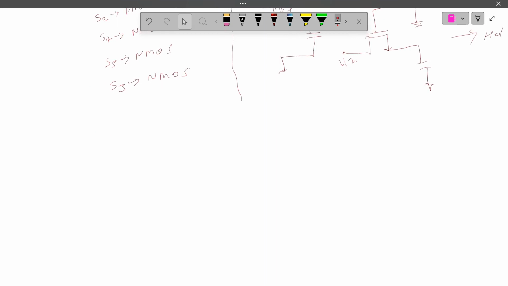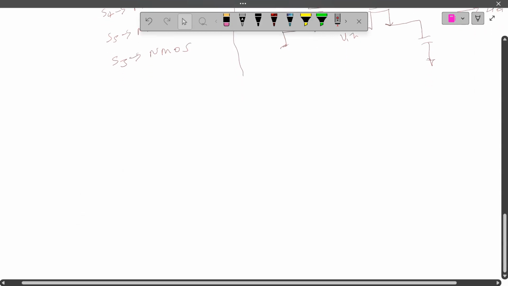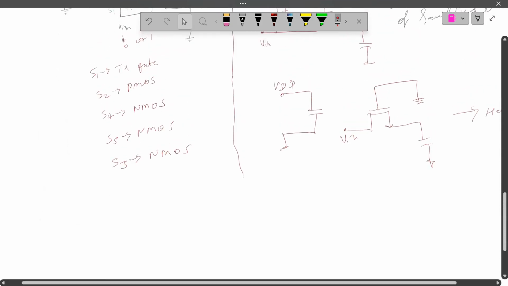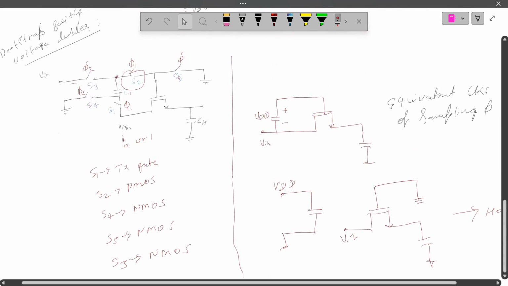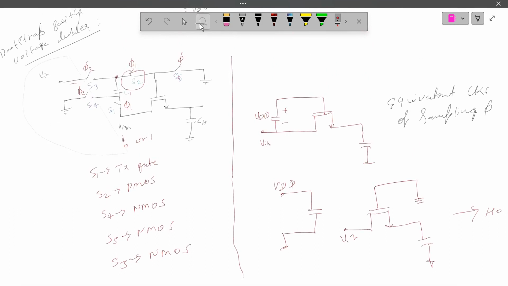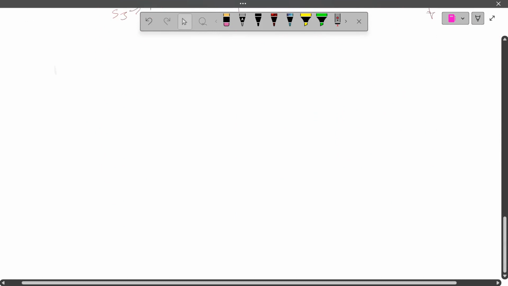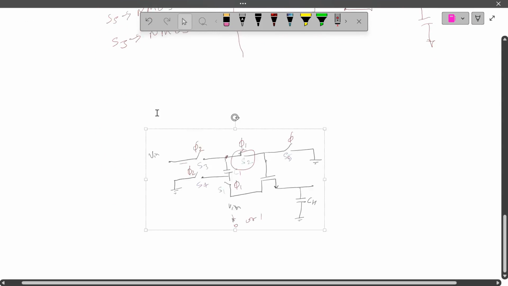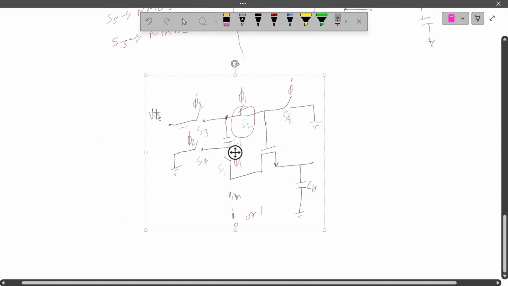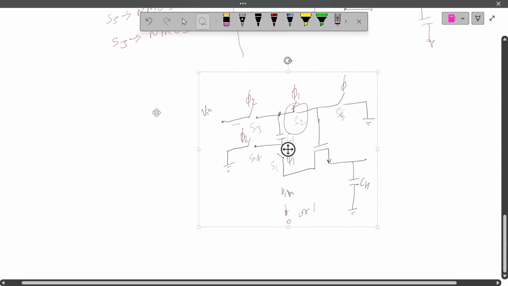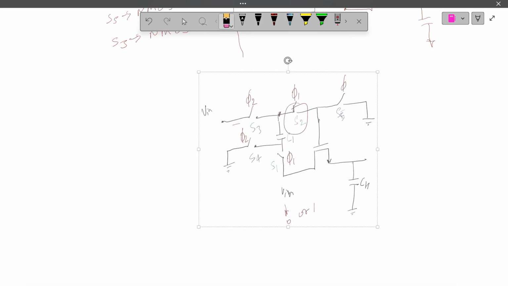Take a look at that. I'm going to explain what kind of switches we are going to add here.